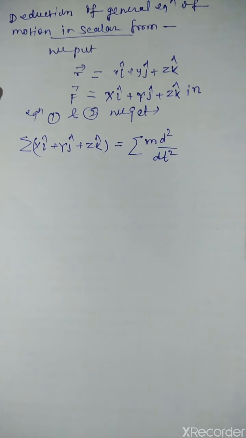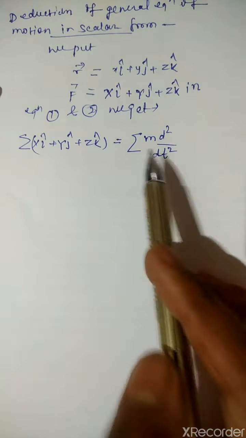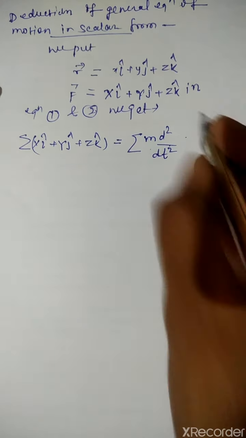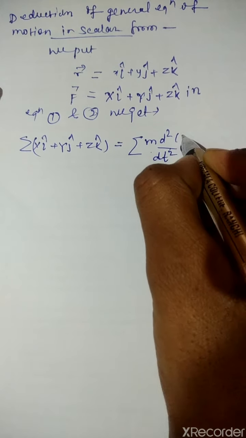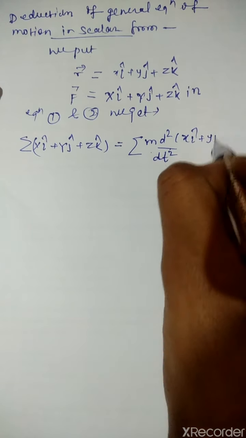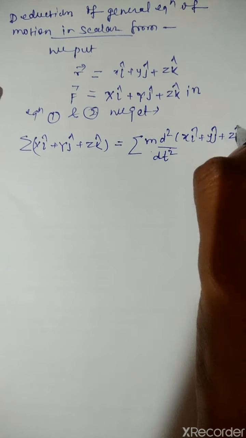In equation number 1 we have sigma F equal to sigma m d2r by dt square, so we put the value of r here, which is small xi, yj and small zk.